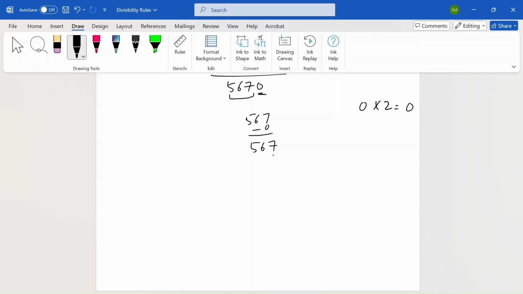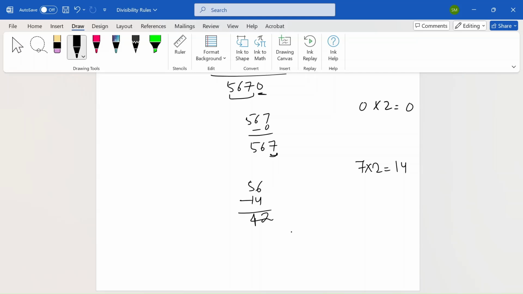Again, repeat it. Because with 567 we are still not clear if it is divisible by 7 or not, that's why we are repeating again and again till we reach a number which we can comfortably figure out, okay, this is divisible by 7 or not. So again, take the last digit 7, double it, 14, and subtract from the remaining number.